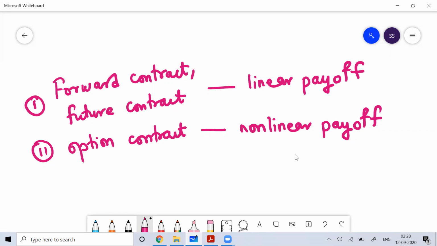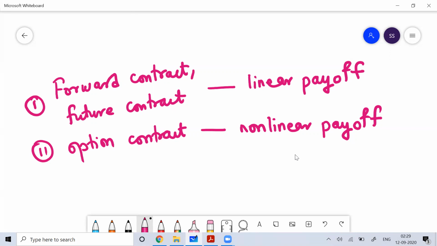At the beginning of the contract, the long position holder pays an amount to the short position holder, that is called the initial premium. Whatever initial premium the long position holder pays is the maximum profit the short position holder can get, while it is also the maximum loss the long position holder can incur.